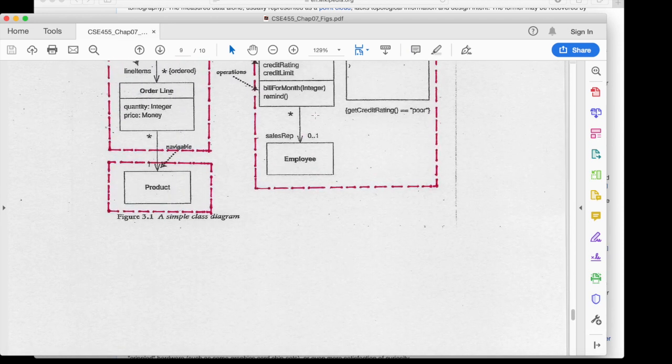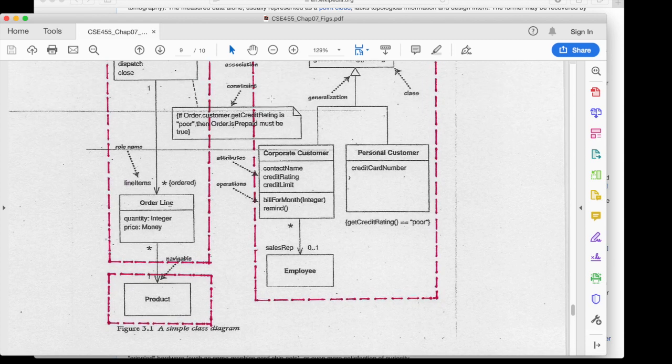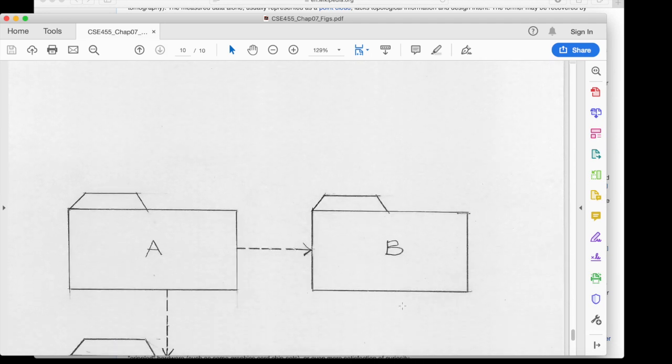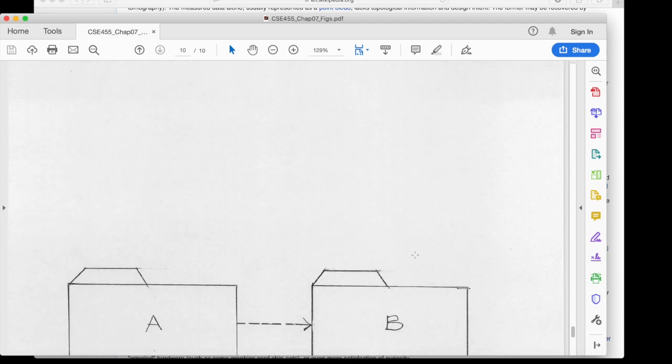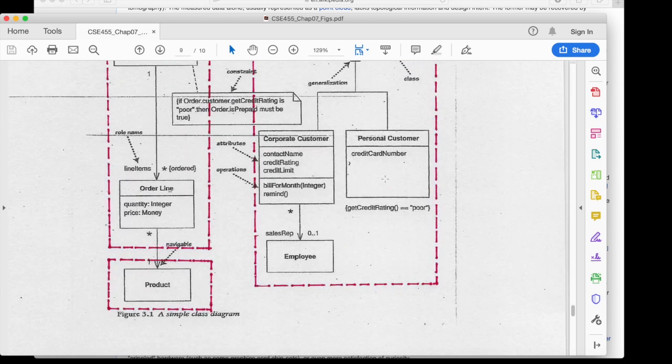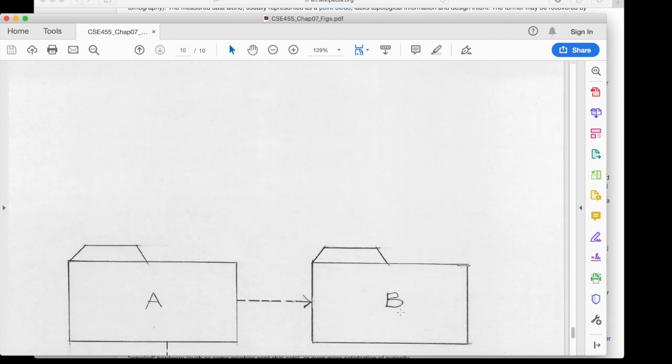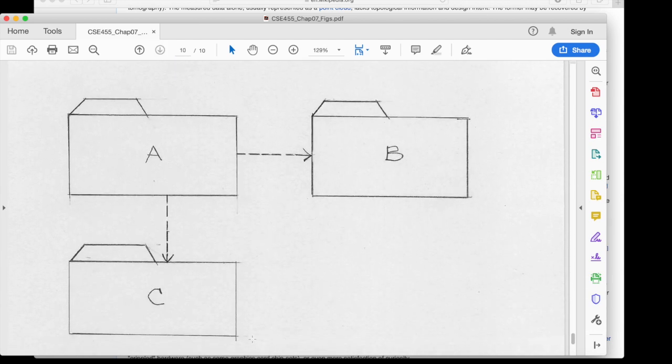Class A, I mean component A for this boundary here. Component B or package B for this group here. And finally, the only single class in that group, we call it package C.